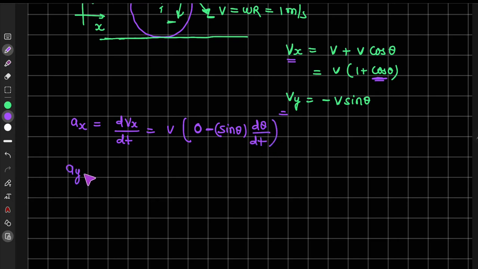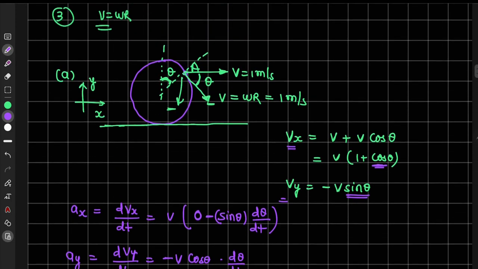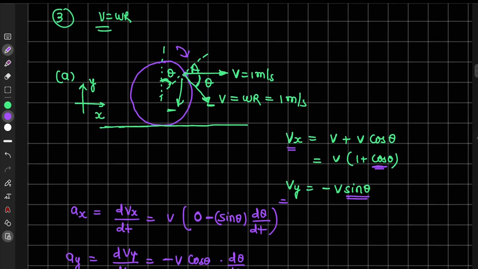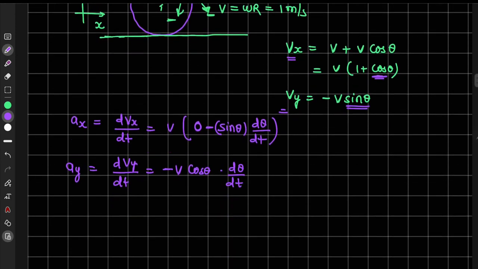And a_y we can write as d of v_y upon dt, which is equal to minus v times the differentiation of sin theta, that is cos theta into d theta upon dt. As it is moving with angular velocity omega, we can write omega equal to d theta upon dt. So from here we will get a_x equal to minus v omega sin theta, and a_y equal to minus v omega cos theta.